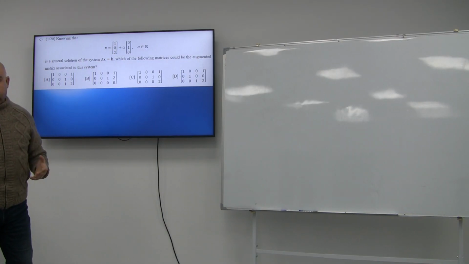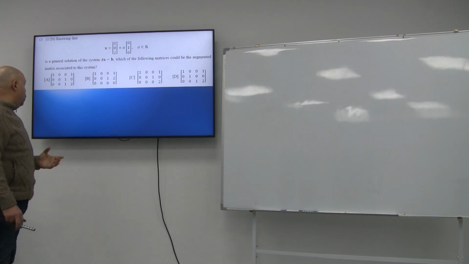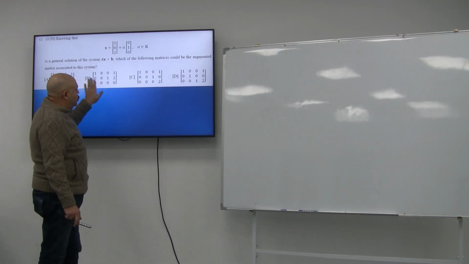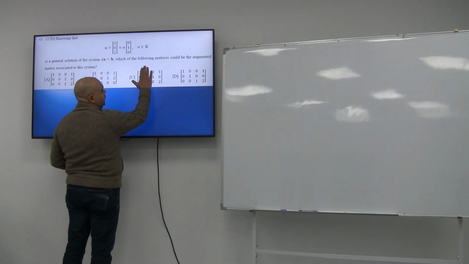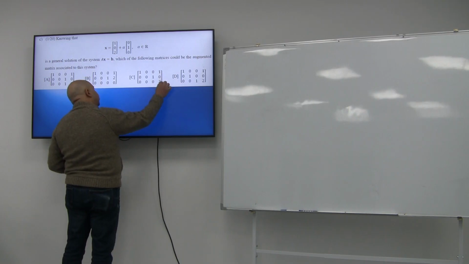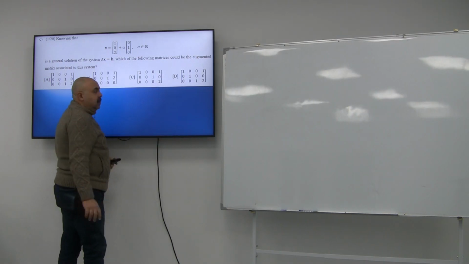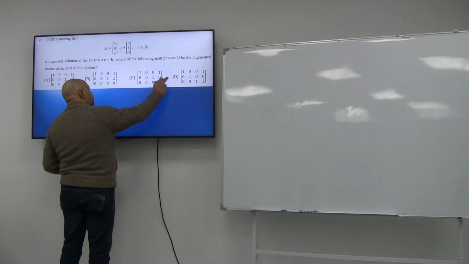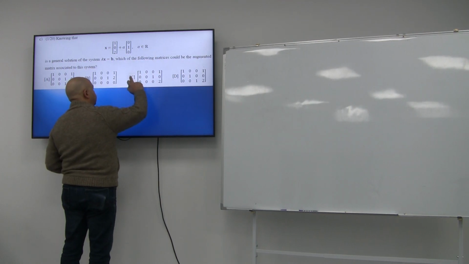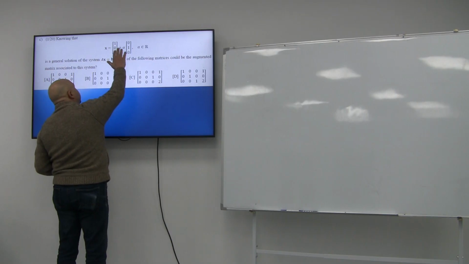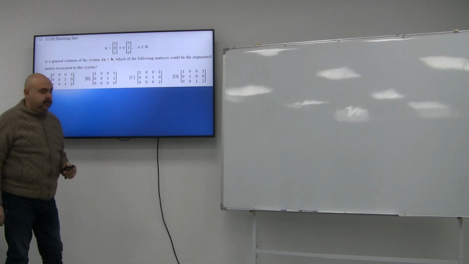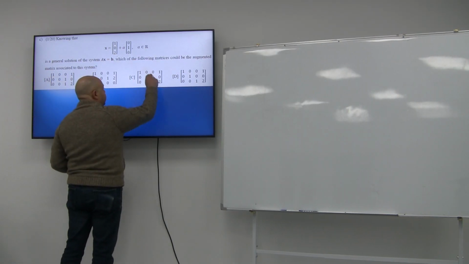This is really very simple. All I have to do is to look carefully at each one of these augmented matrices. This is, of course, the coefficient matrix, and that's the result column of this matrix. Specifically for C, this stands for no solution. So in any case, this is not going to be the case for an infinite number of solutions. So C is completely rejected.